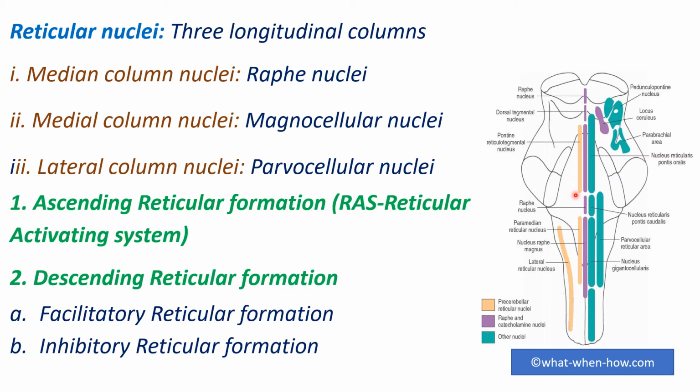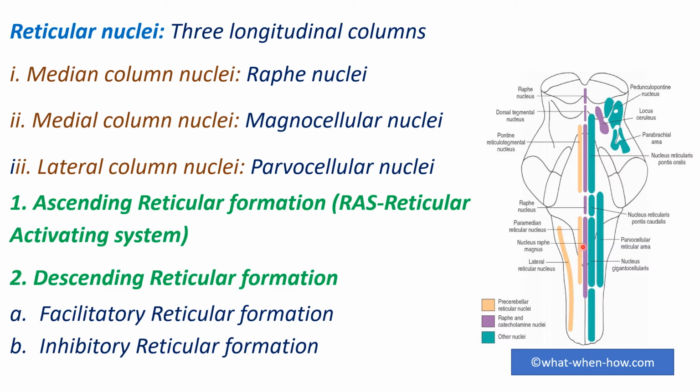These non-specific nuclei are arranged in three longitudinal columns in the brainstem. We can see from here to the midbrain there are three longitudinal columns. See the different colors; they have used different colors to tell you about different types of reticular formation.